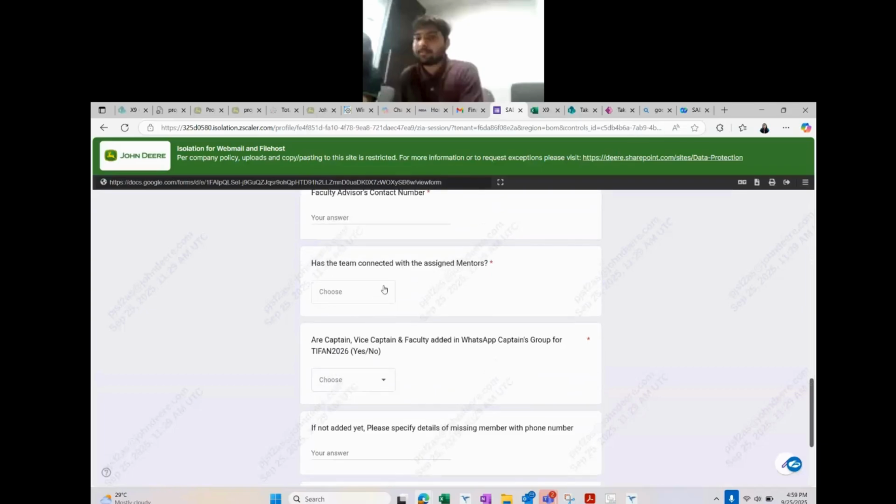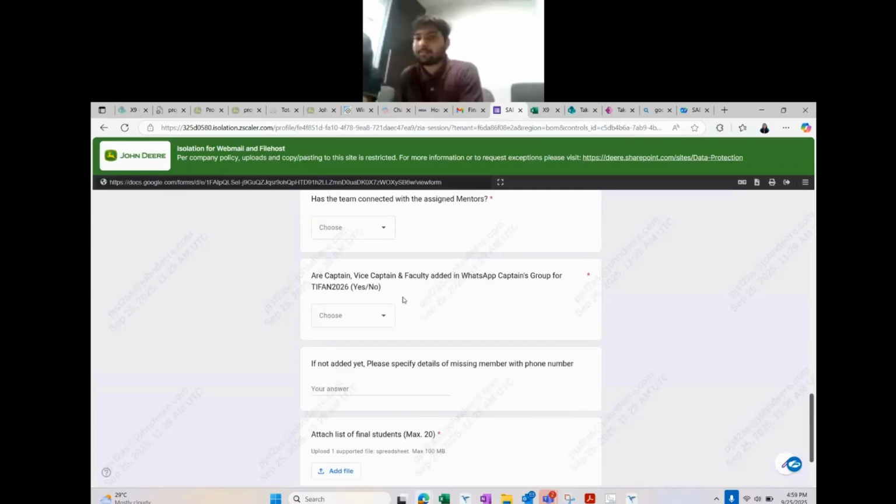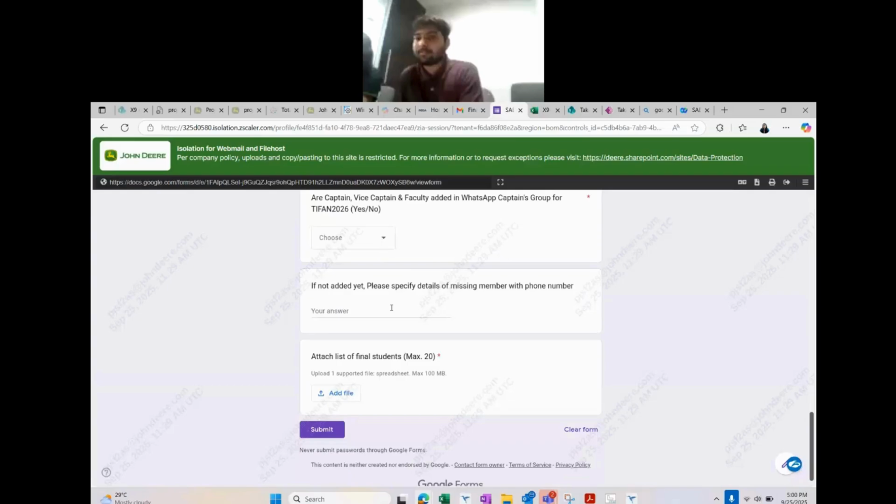Then please confirm if you have connected with the assigned mentors, and also that the captain, vice captain, and the faculty have been added into the WhatsApp captains group. If yes, then please choose the option over here, and you will need to attach the list of the final students, the name of the faculty advisor and the students, in the form of Excel.